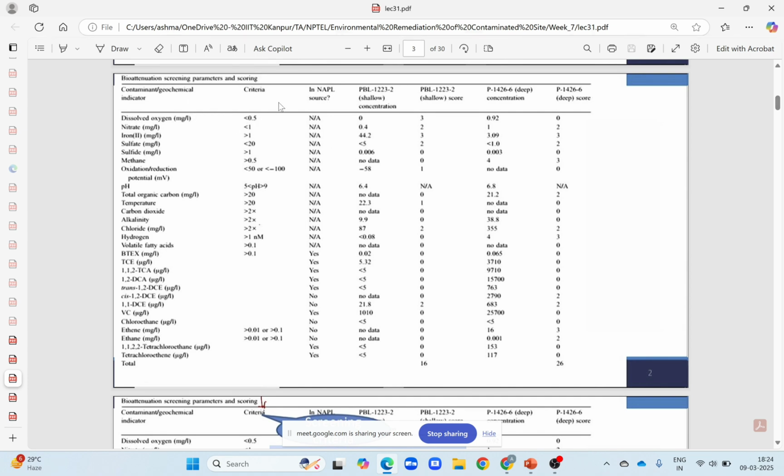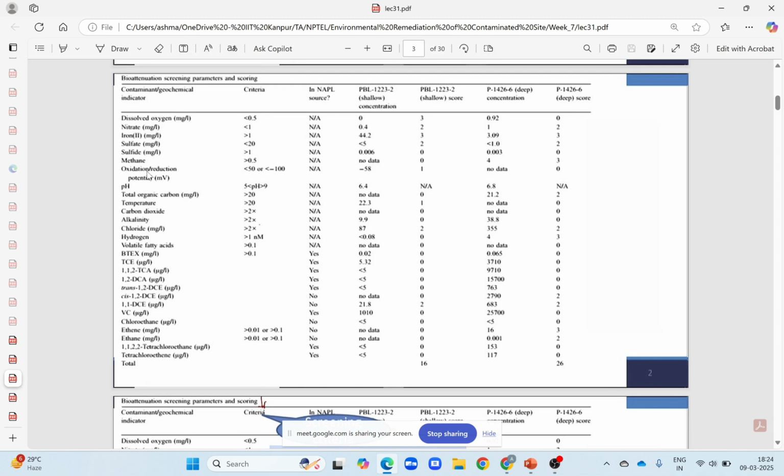Suppose for dissolved oxygen concentration for natural attenuation, the concentration should be 0.5. Here we can see that in shallow aquifers, the concentration was 0, so a score was given for that. In deeper aquifers, the concentration was high, 0.92, so a 0 score was given.